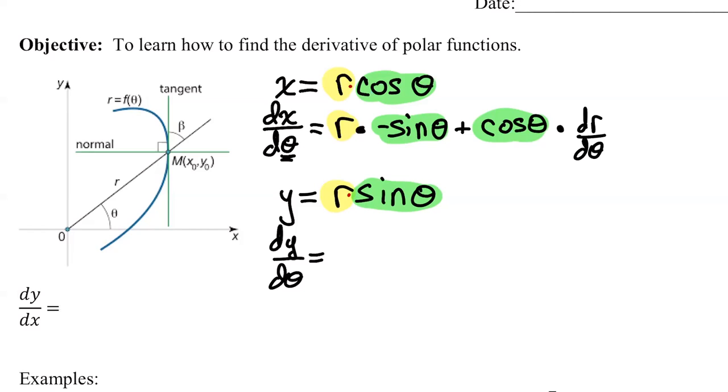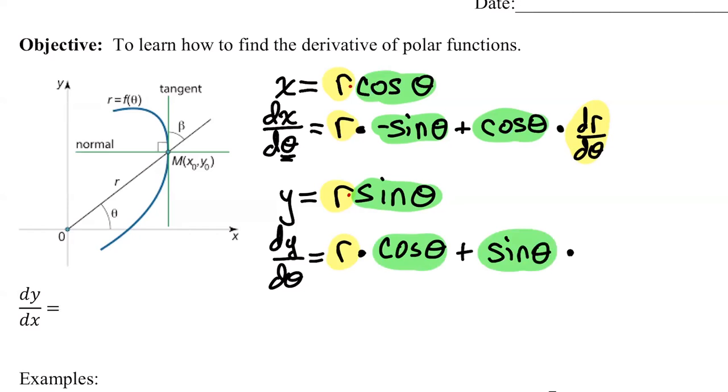The next part, the dy d theta, same idea, first times the derivative of the second. So the first function, r, times the derivative of sine with respect to theta, which is cosine theta. Plus the second function, sine theta, times the derivative of the first function.